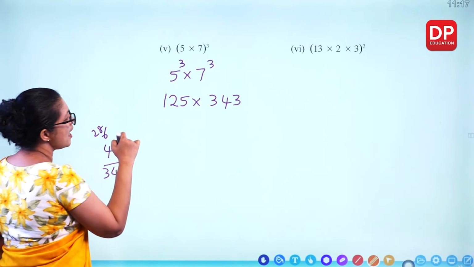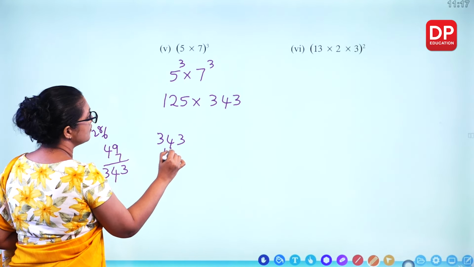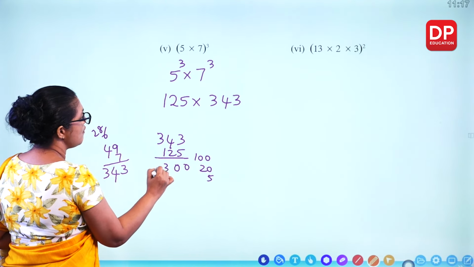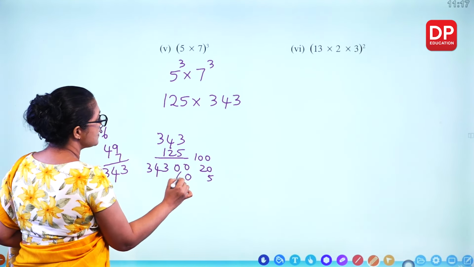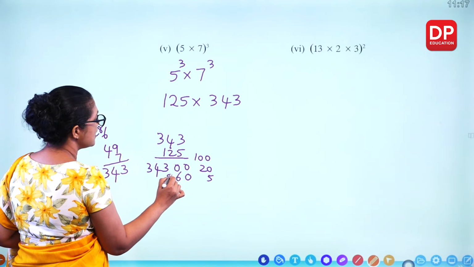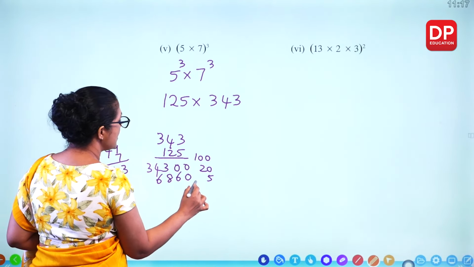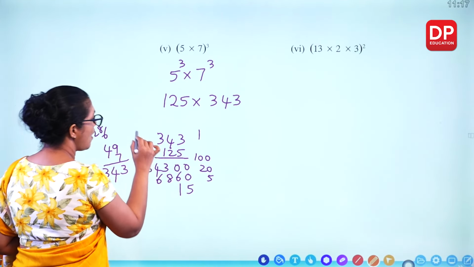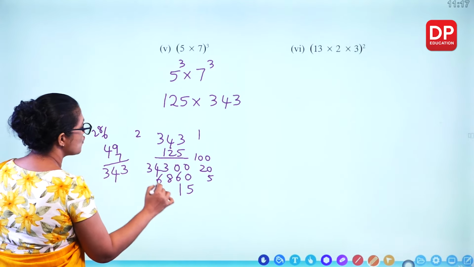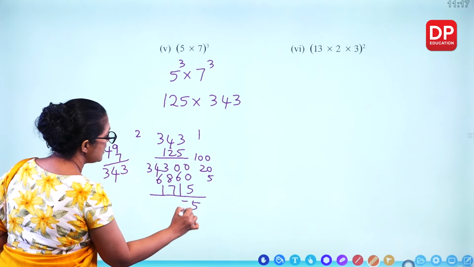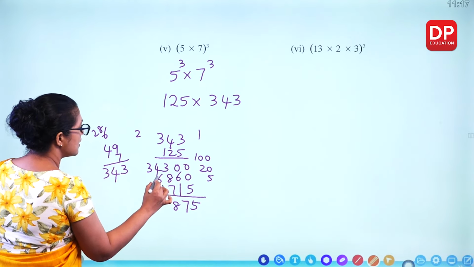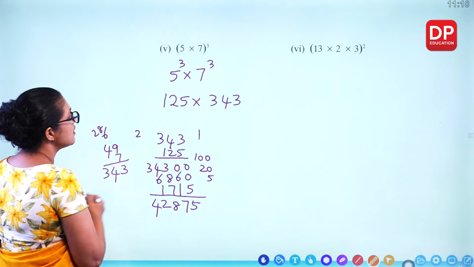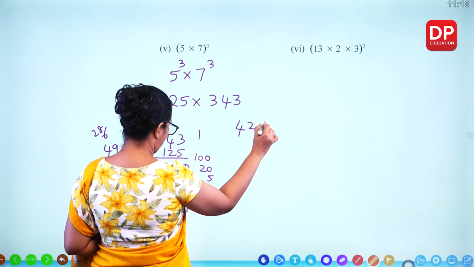So 343 times 125. 5 times 3, 15. 1 remaining. 5 times 4, 20 plus 1, 21. 5 times 3, 15 plus 2, 17. 2 times 3, 6. 2 times 4, 8. 2 times 3, 6. So when you add it, you get 42,875.